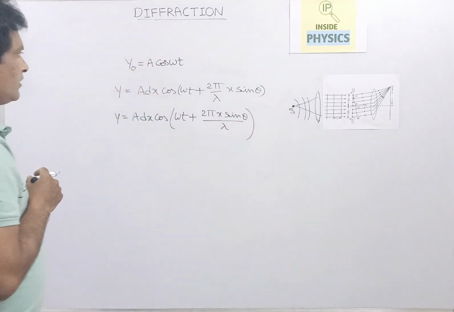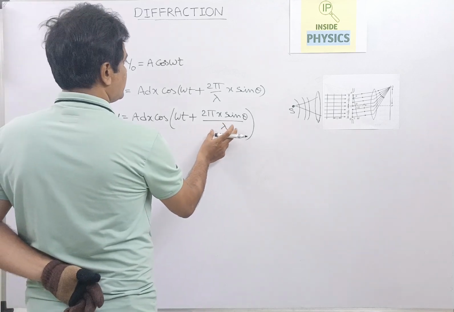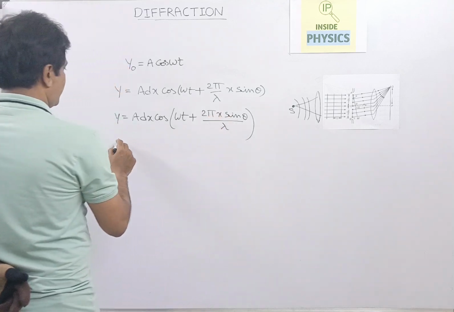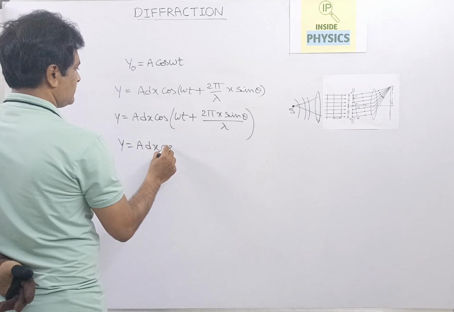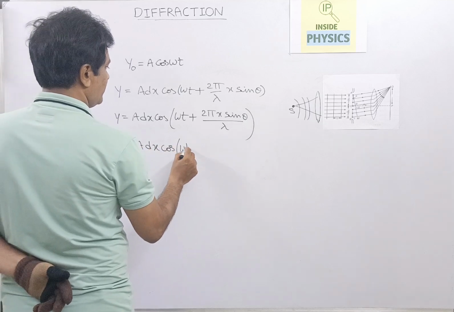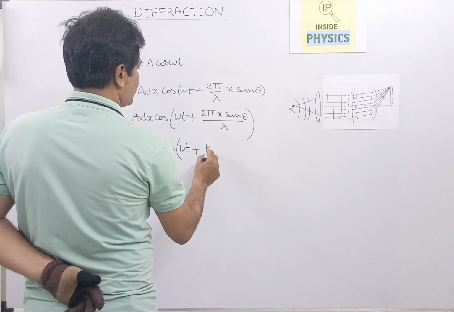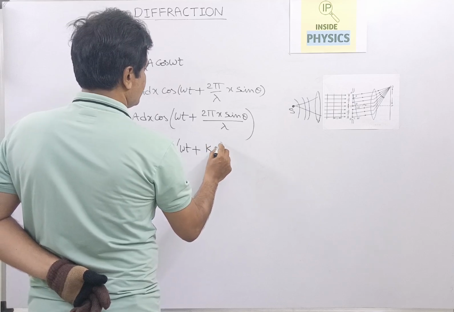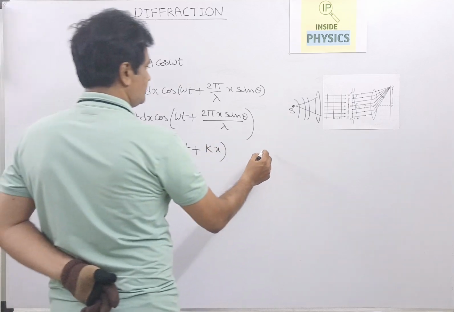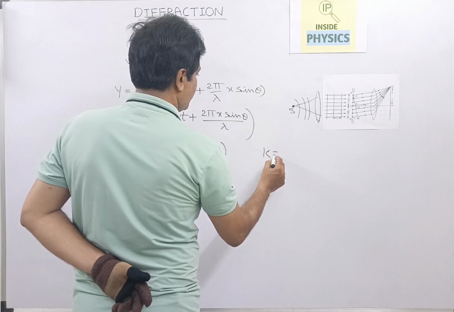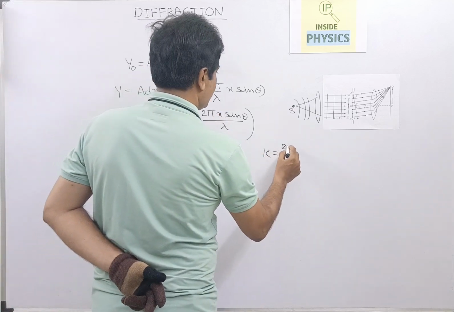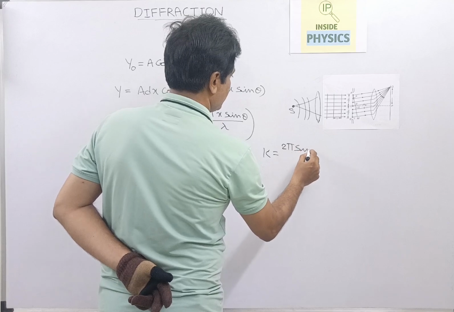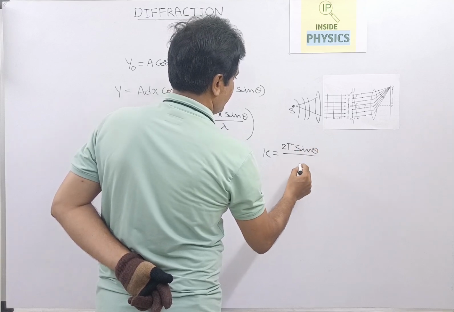If you consider this, I will write again here A dx cos of omega t plus kx, where I considered k is equal to 2 pi sin theta by lambda.